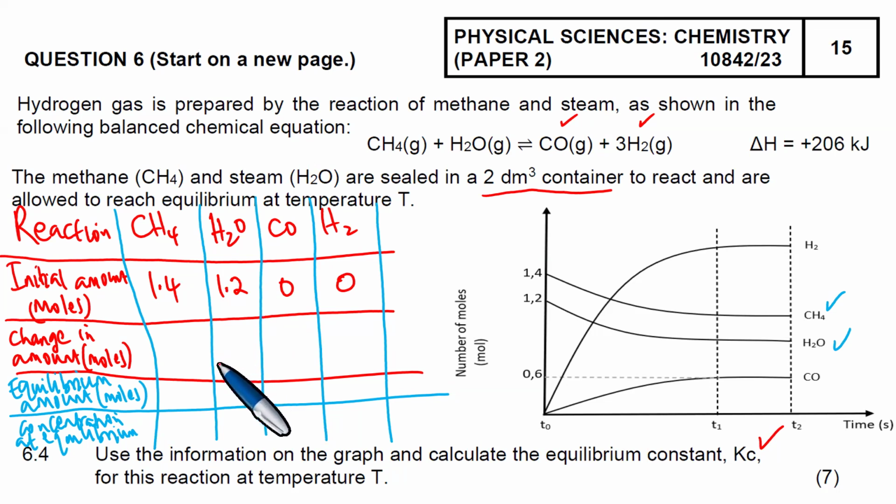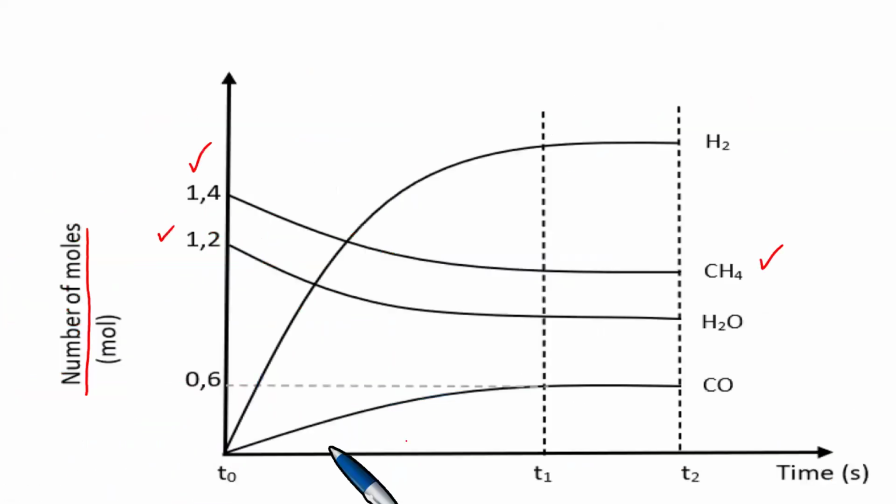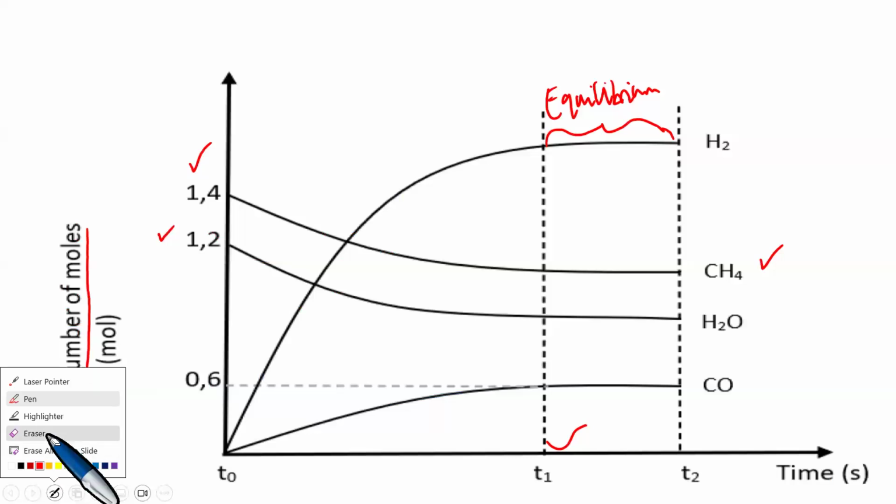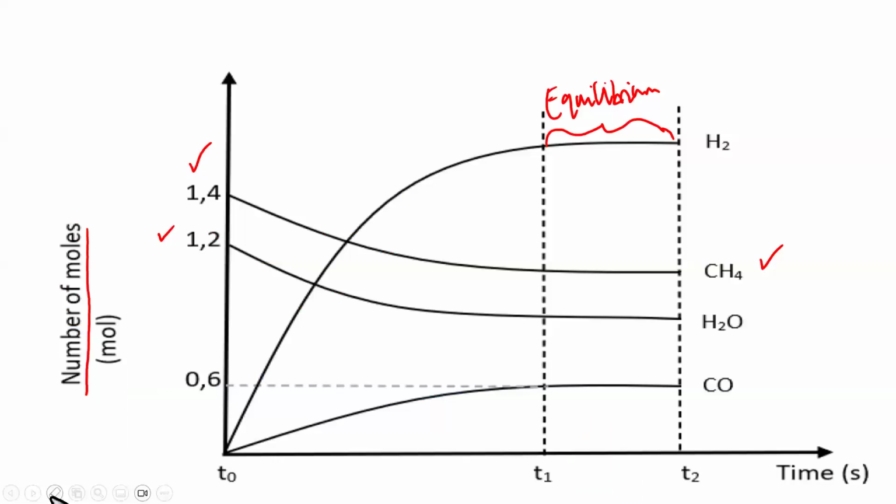Okay, we proceed. At equilibrium, we can see that in this part of the graph we have what we call equilibrium. Equilibrium means, therefore, the number of moles doesn't change.